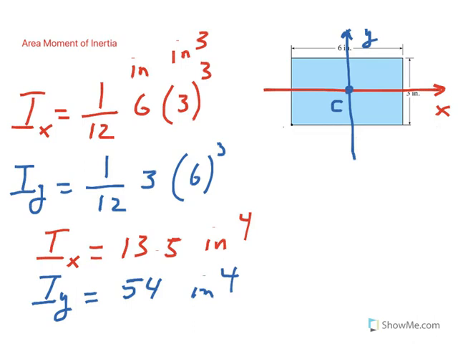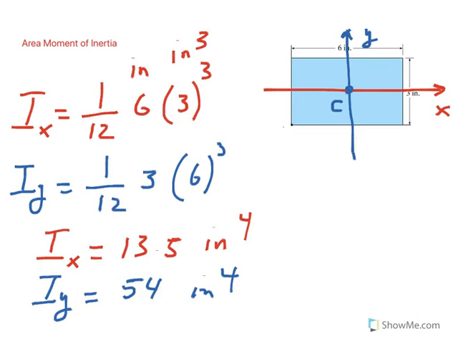So what does this mean, these two numbers that we got? What it means, basically, is that the area moment of inertia is a measure of resistance of the shape to bending moment.